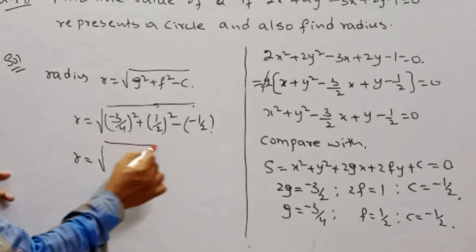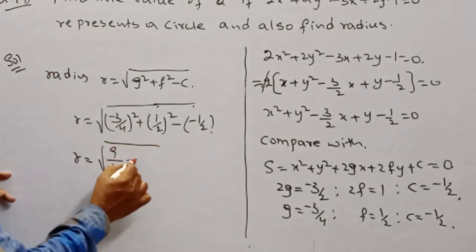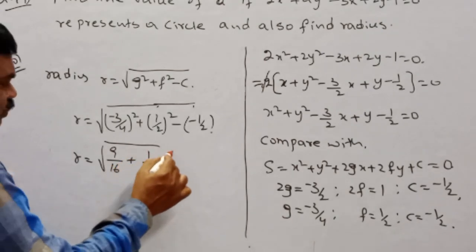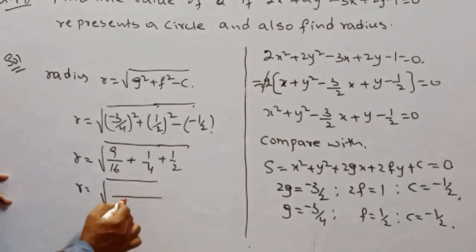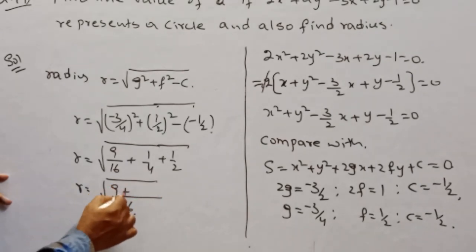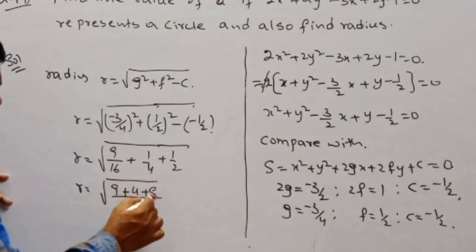So r is equal to root over (−3/4)² + (1/2)² − (−1/2). So r is equal to root over 9/16 + 1/4 + 1/2. r is equal to root over, LCM 16, 9 + 4 + 8.